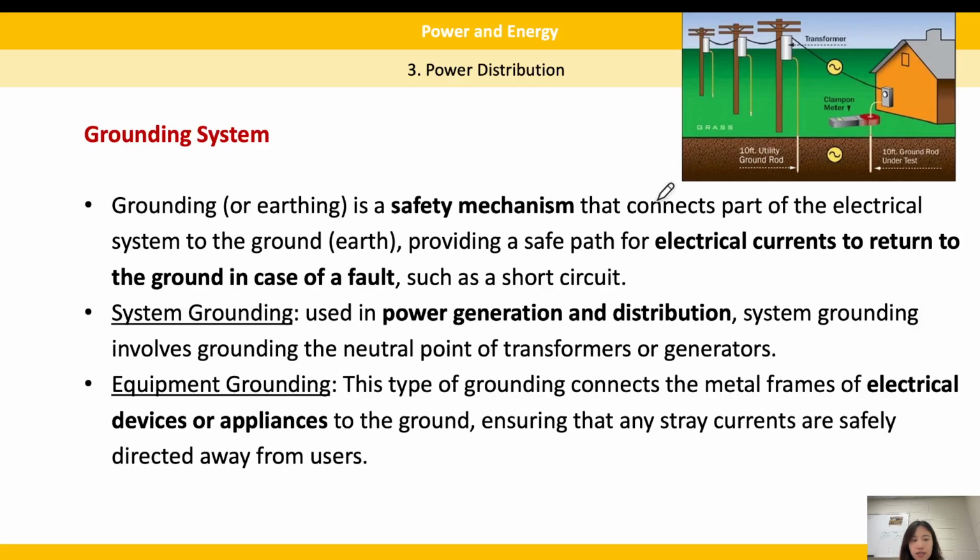The first one is system grounding. This is used in power generation and distribution. System grounding involves grounding the neutral point of the transformers or generator. What does this mean?